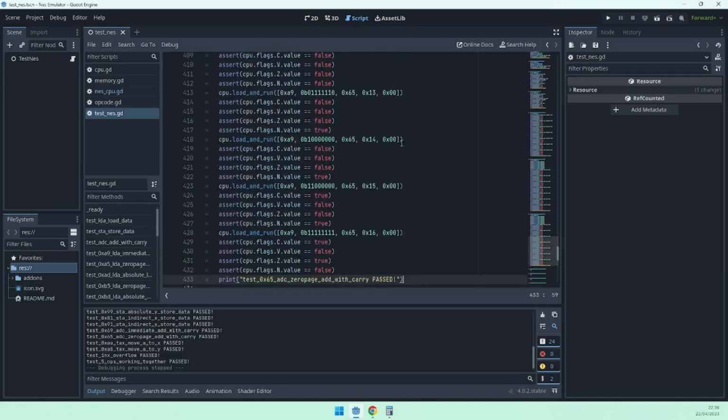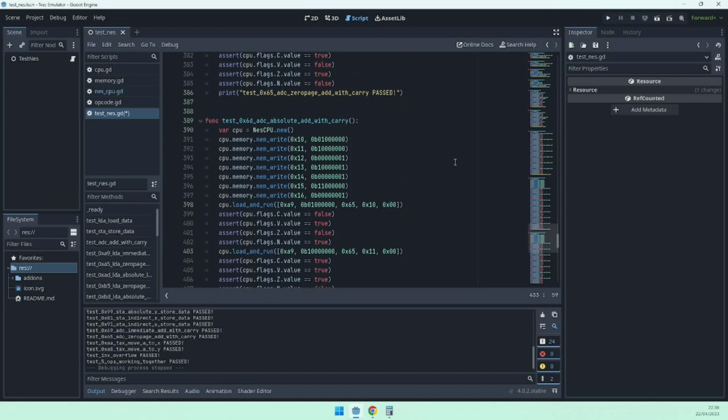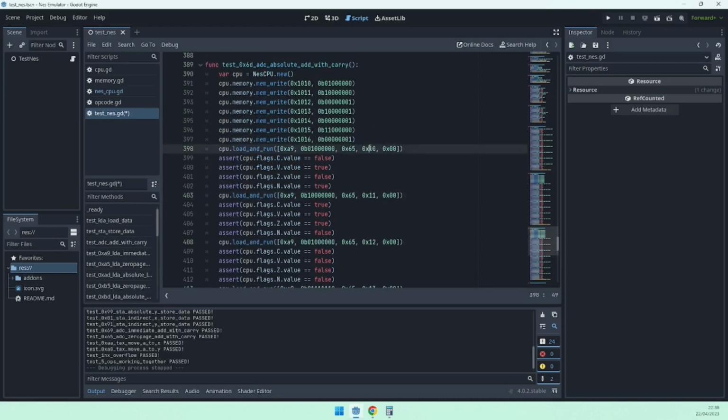I probably have many more test cases than needed, to be honest. So this is absolute. So I need to use the second page. So let's add a 10 for everything and a 10 for everything in here as well.